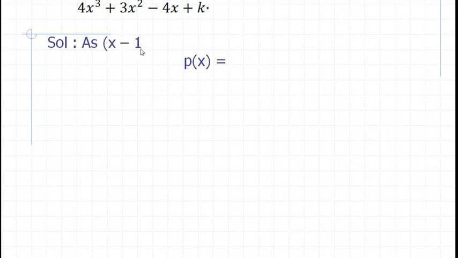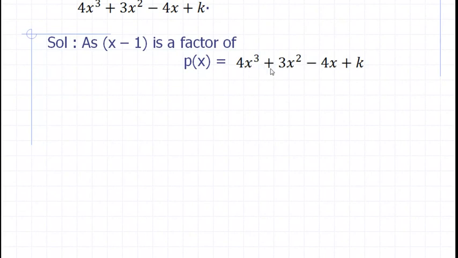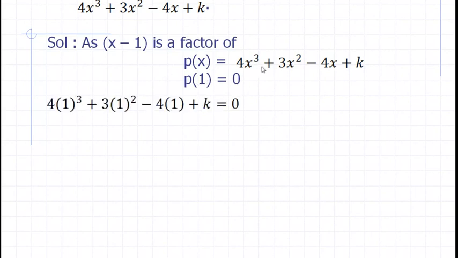Therefore, p(x), which is 4x cube plus 3x square minus 4x plus k, so let us take x equals 1. From here, p(1) will be 0. Now substitute 1 in this polynomial.